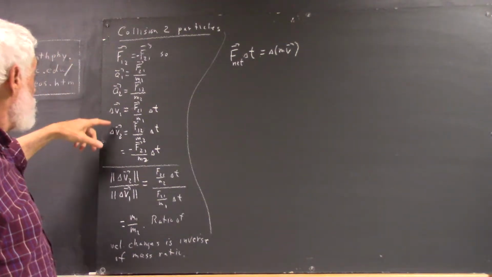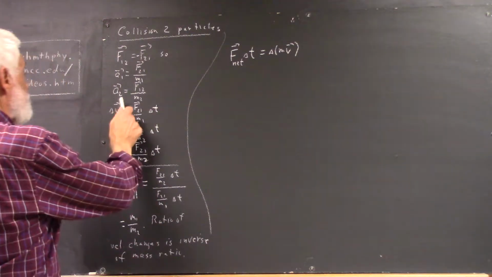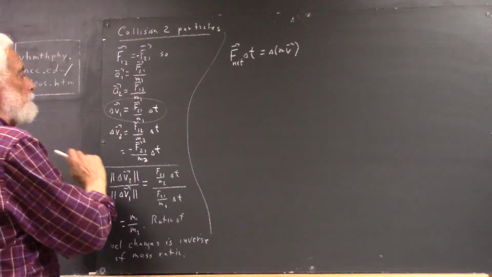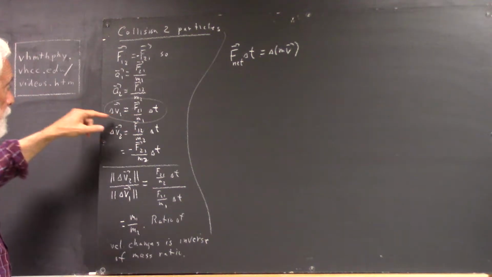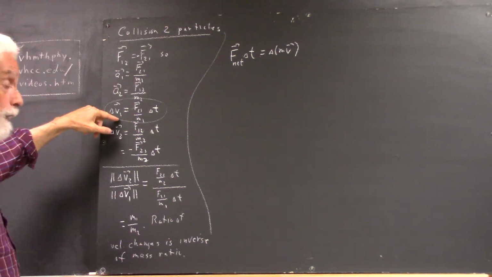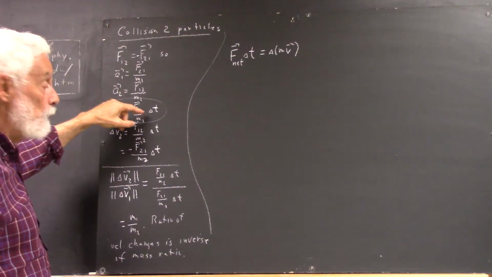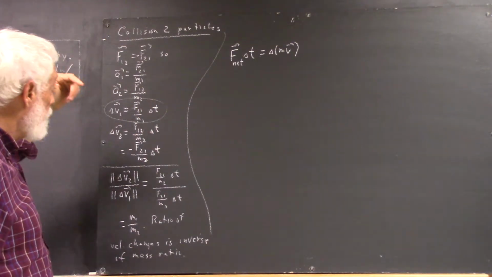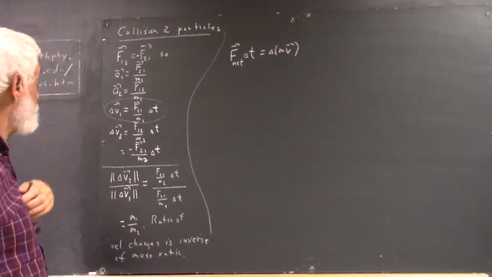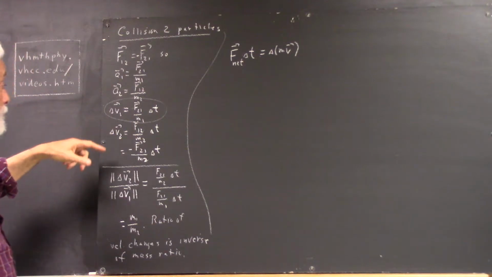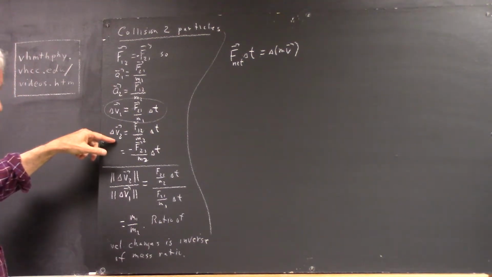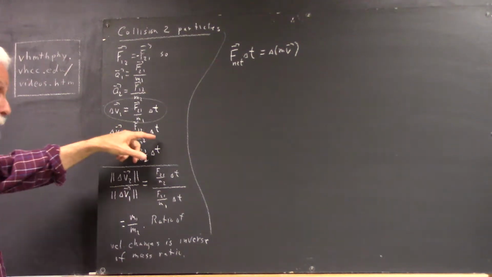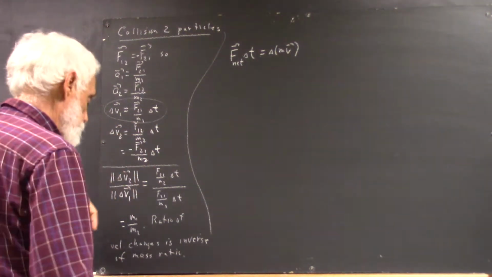So for example, for the first mass, we can rearrange this. Multiply both sides by m1, and we get m1 delta v1 equals F21, the net force on that mass, times delta t. We can rearrange this to say the same thing. The product of the mass and the change in velocity is equal to the net force multiplied by delta t. So generally, we have this.